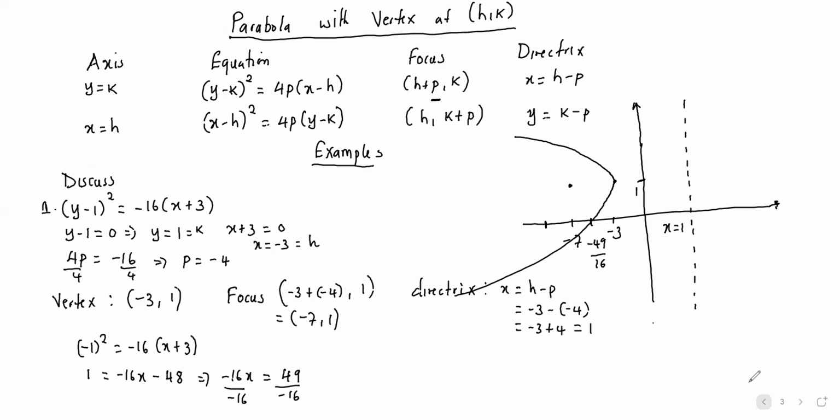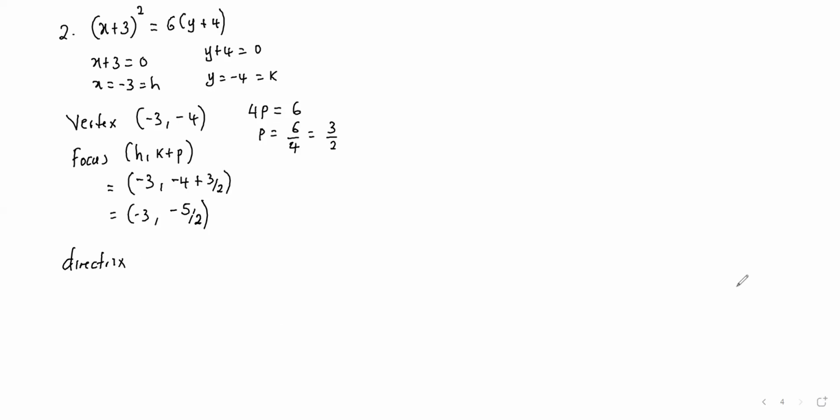So now it's y is equal to k minus p. K is negative 4. P is 3 over 2. So we get negative 8 minus 3, that's minus 11 over 2.